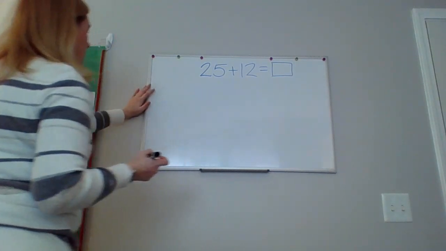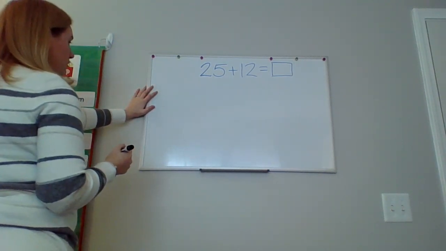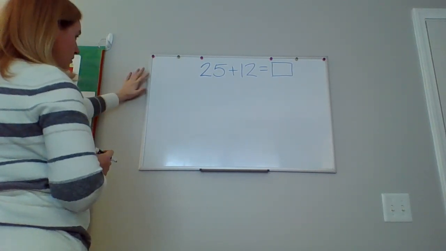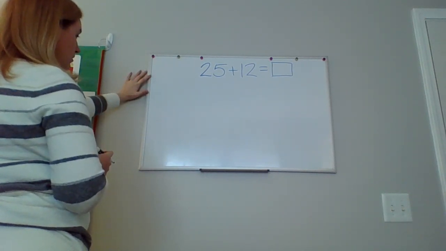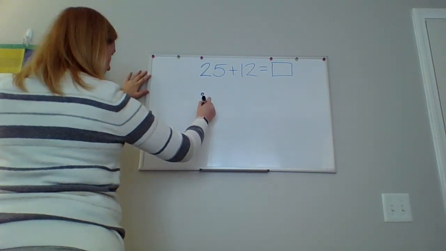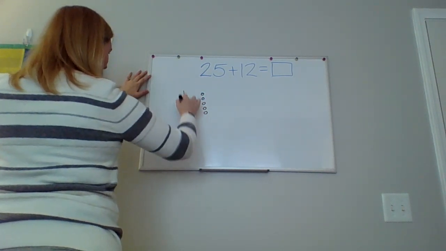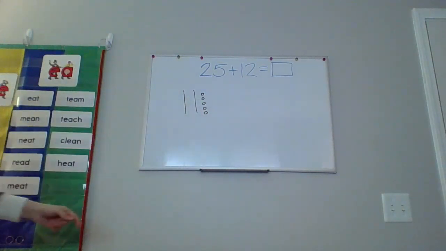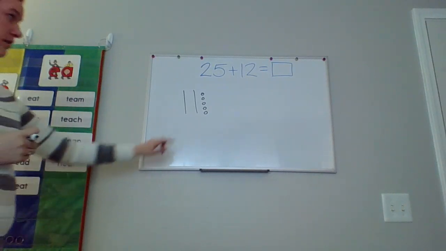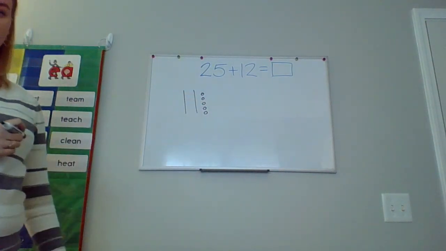Draw the number 25 with base 10 blocks. There's 5 ones and 2 tens. 2, 3, 4, 5, and 2 tens. That definitely looks different than the way we've been doing it, right? 2 tens and 5 ones.